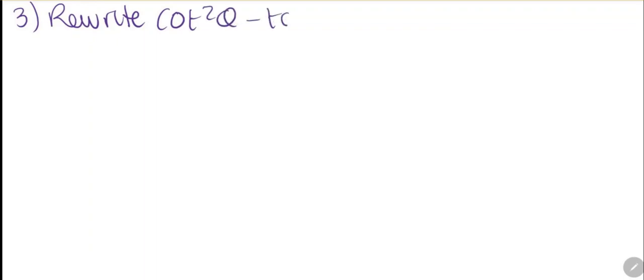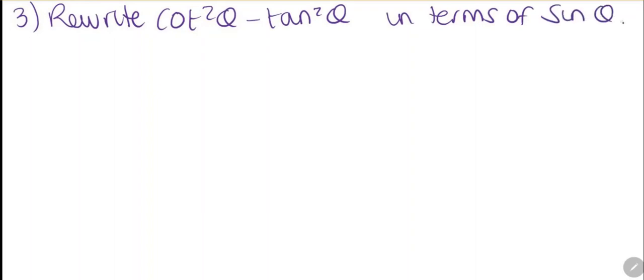Okay, so question 3. We need to rewrite cotangent squared theta minus tan squared theta in terms of sine theta. So I'm just going to rewrite the question.